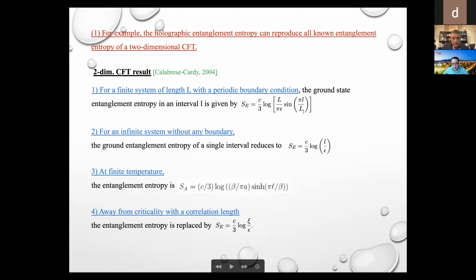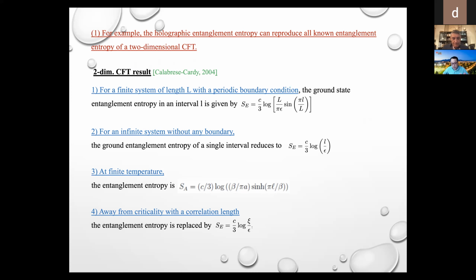If capital L indicates the size of the total system, then when L goes to infinity, the entanglement entropy of the finite system is reduced to this one.